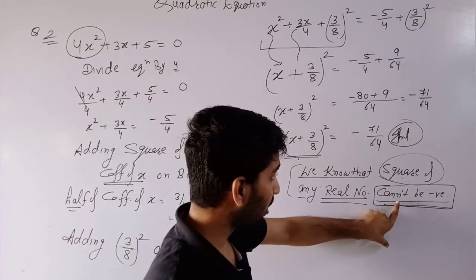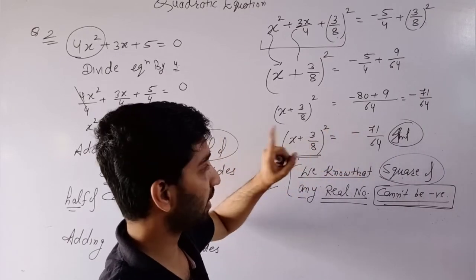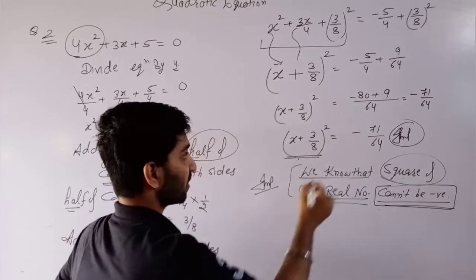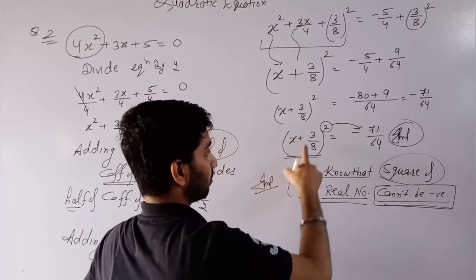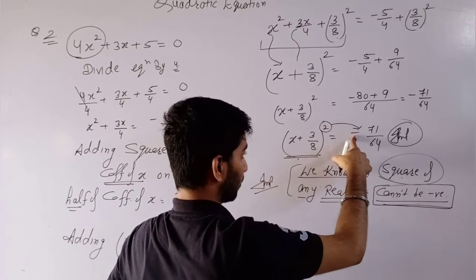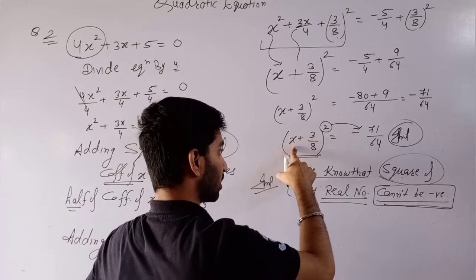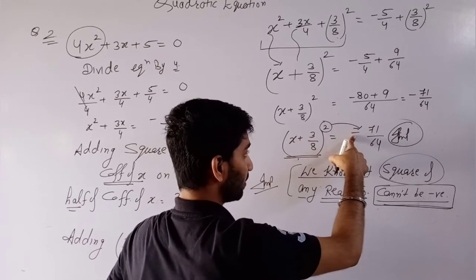If the square of any number is negative, it means that number is imaginary, not real. यदि ये जो स्क्वायर है ये यहाँ नेगेटिव मिल रही है, इट मीन जो यहाँ आंसर आए वो रियल नहीं हो सकते. रियल होते तो जो स्क्वायर है वो पॉजिटिव ही मिलती.